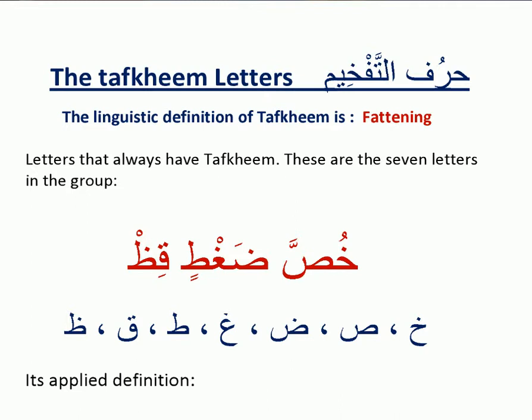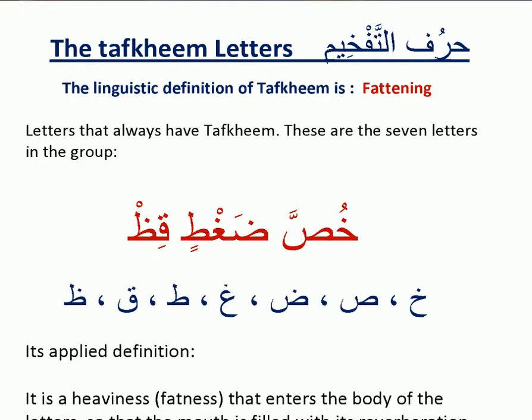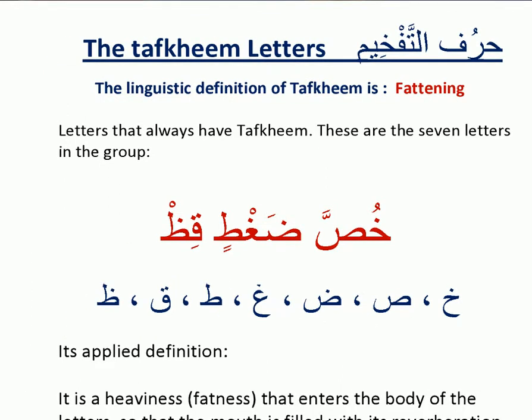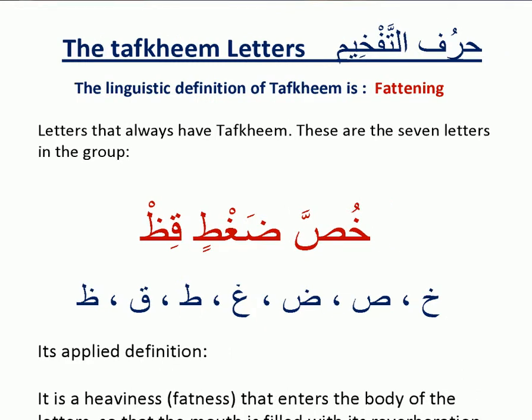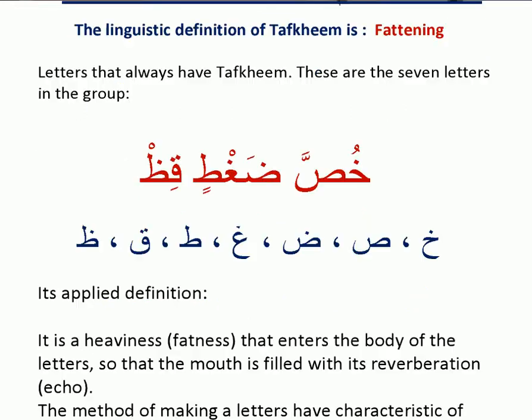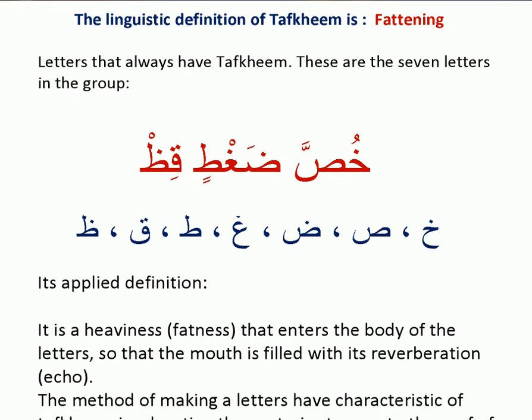And this slide over here would probably help you understand it better because it's a visual presentation of what I was trying to tell you last time on tafkhim letters. Basically, I told you these letters, Qussa, Daght, and Qiz is how we memorize the set of letters: Kha, Sa, Ba, Ghain, Ta, Kha, and Za, right?